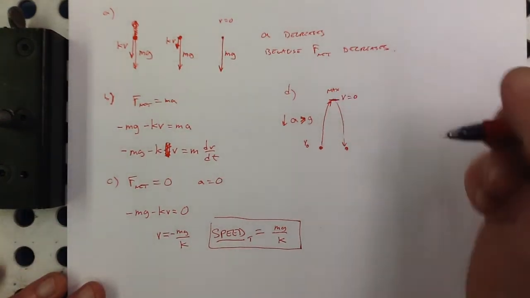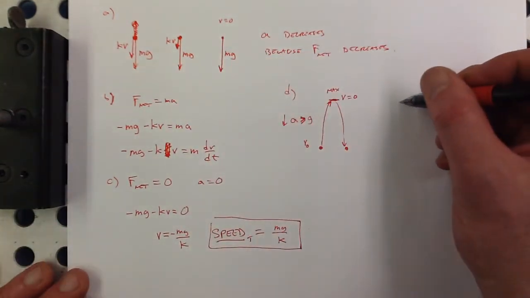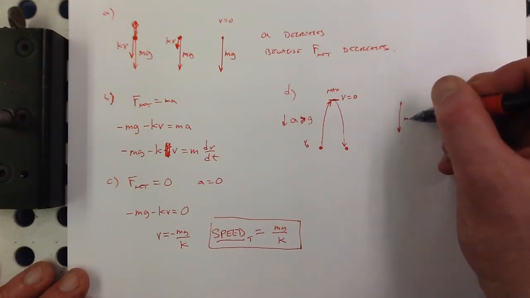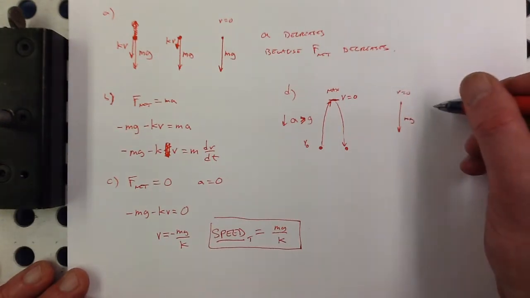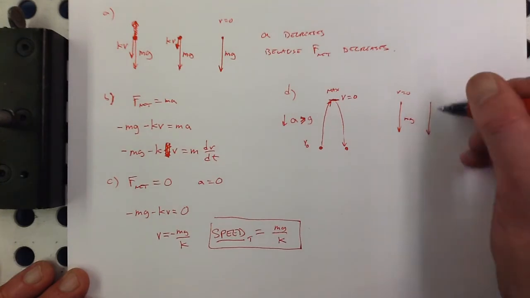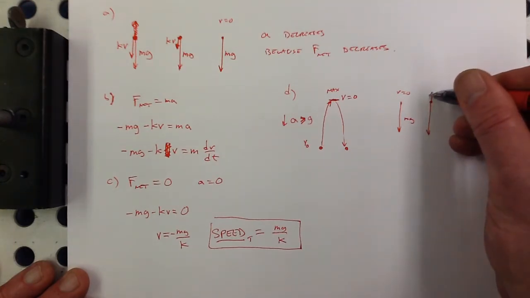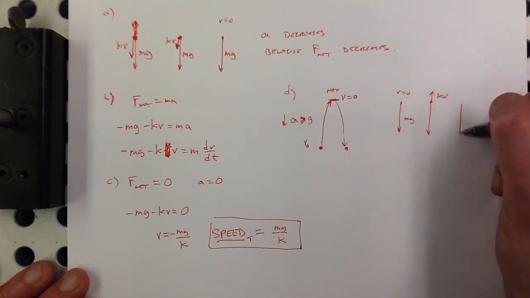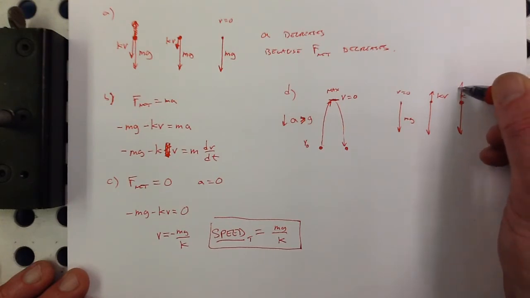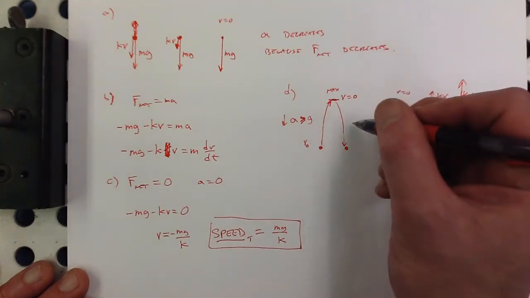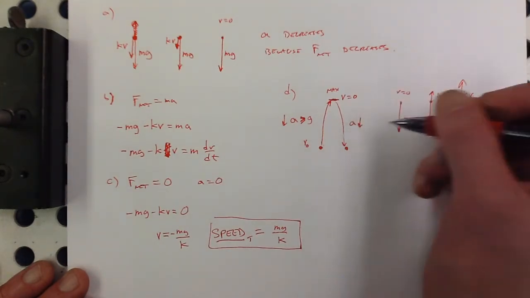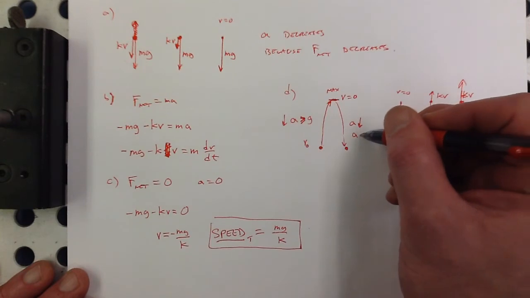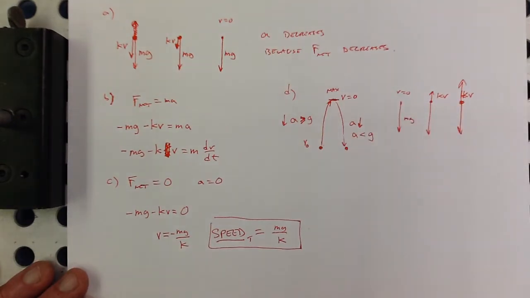And then what about on the way down? On the way down, we've got mg to start with when the velocity is 0, and then as it falls further and picks up more and more velocity, the kV gets bigger and bigger. So on this side, the acceleration is down, but it's always less than gravity.